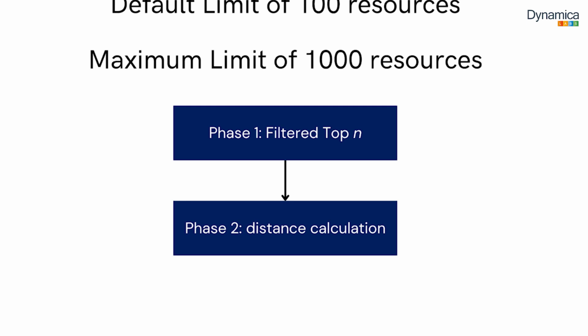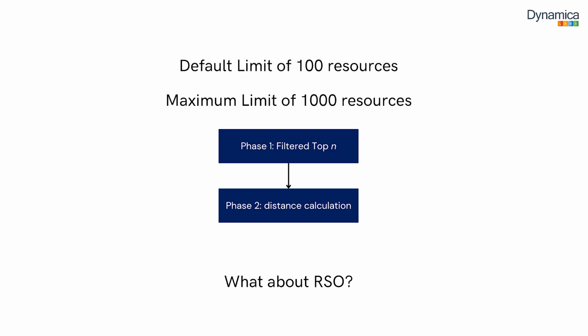Even if there are 5,000 matching resources, the system will return the first 1,000 and then proceed to Phase 2, which involves finding combinations and working hours. Each resource might have its own pattern, such as time off, etc. So it calculates this only for 1,000 resources in the second phase. Why is this? Probably because it's impractical to calculate for an unlimited number of resources, and performance likely suffers significantly.